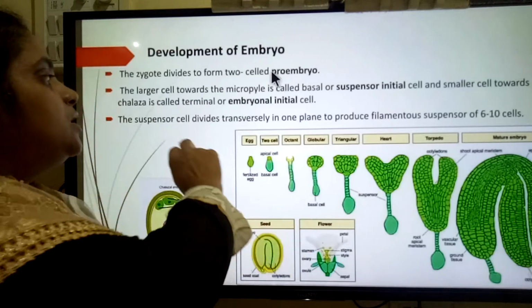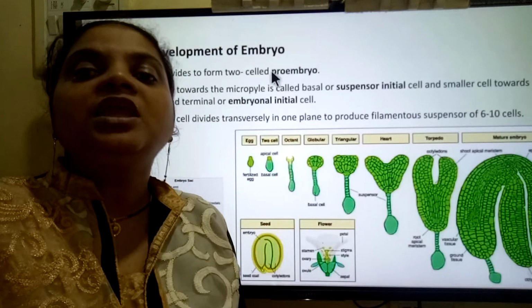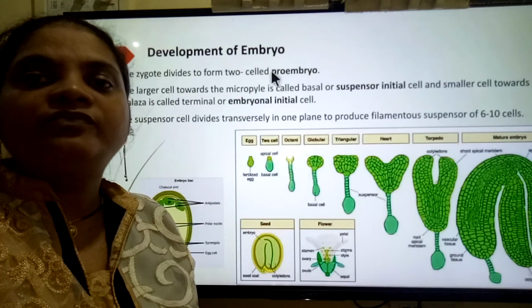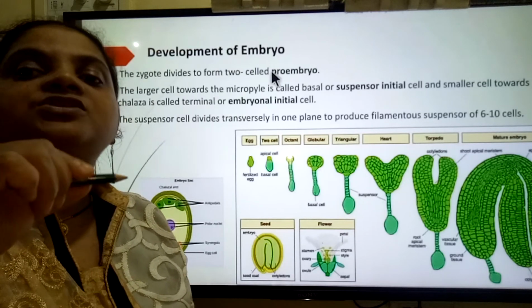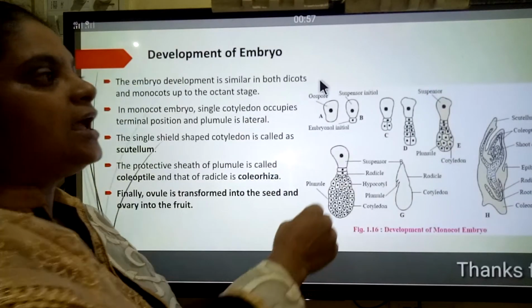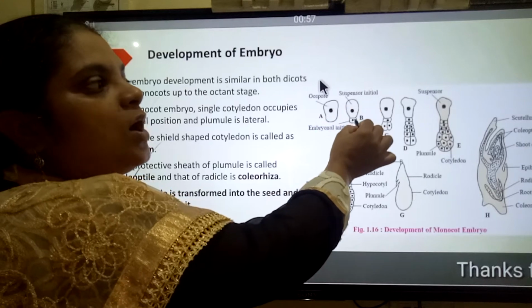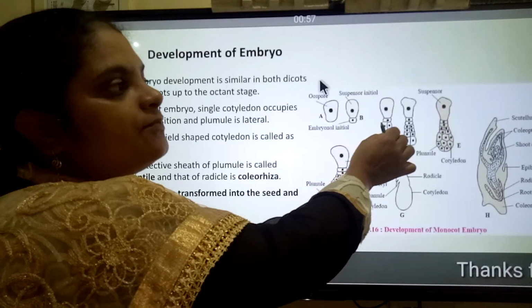Now the suspensor cell divides transversely in one plane and forms a filamentous structure. That filament consists of 6 to 10 cells. Now I am going to show you the diagram. This is the oospore, that is the zygote. The zygote divides unequally, forming the suspensor and embryonal cell.